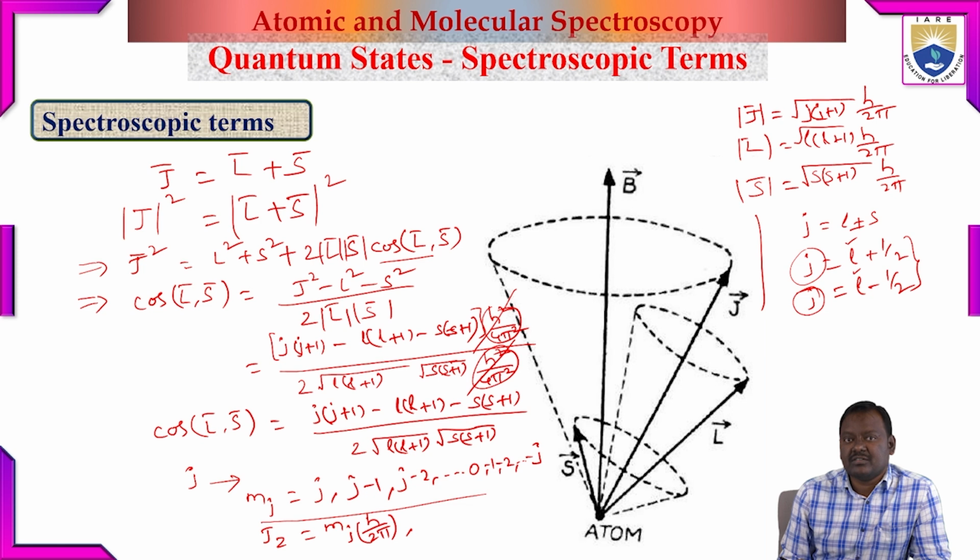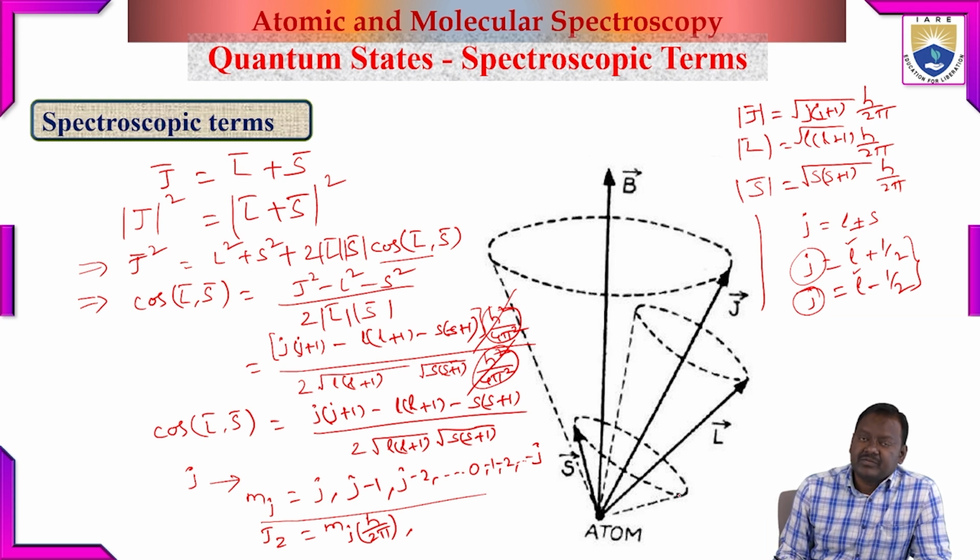The orientation of J bar can change with the orbital orientation and spin orientation. With changing spin orientation, the energy values of the electron change slightly from the earlier, that is, from the orbital momentum alone.